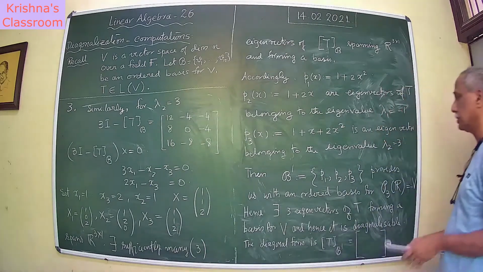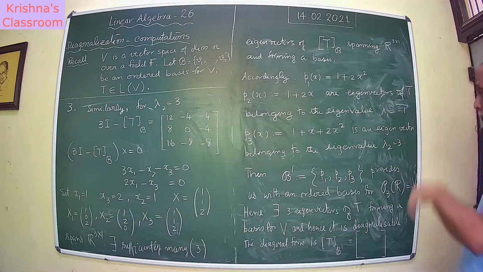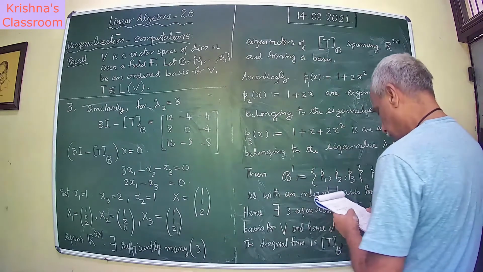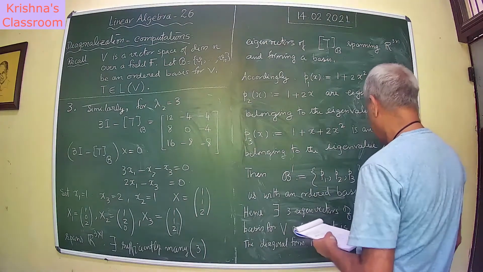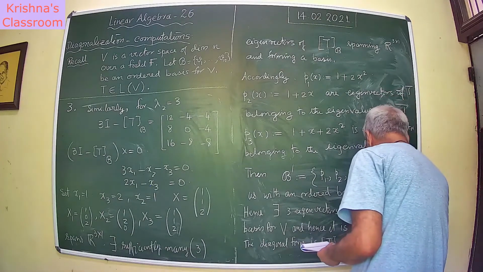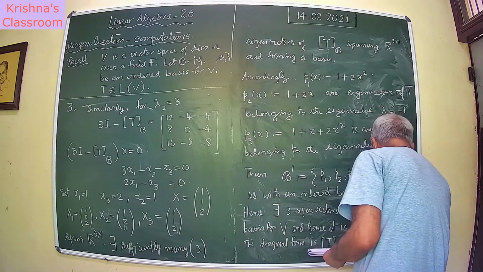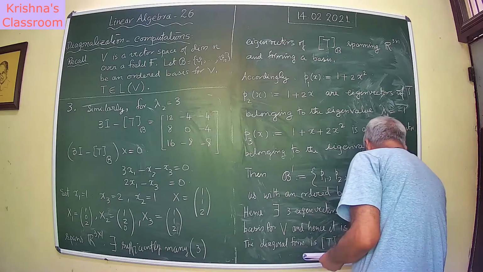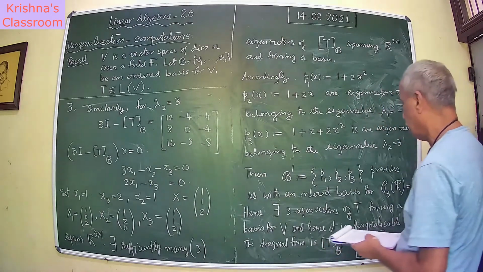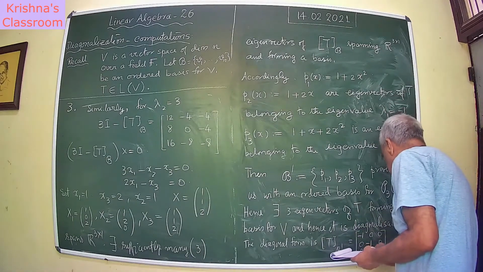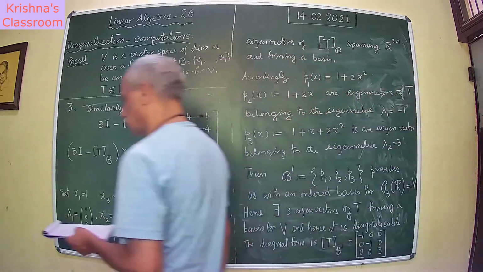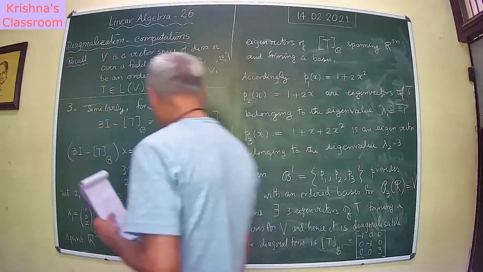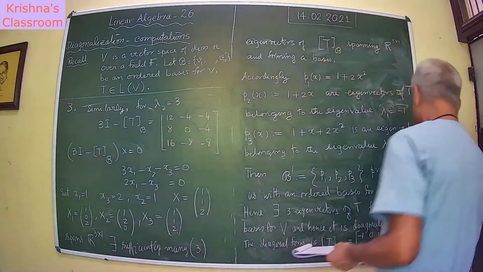What are the eigenvalues? B1 and B2 are associated with lambda equal to minus 1. So we have minus 1, minus 1, 0, 0, 0, 0, and then we have 3. That is a diagonal representation of P with respect to B. So this is diagonalizable.